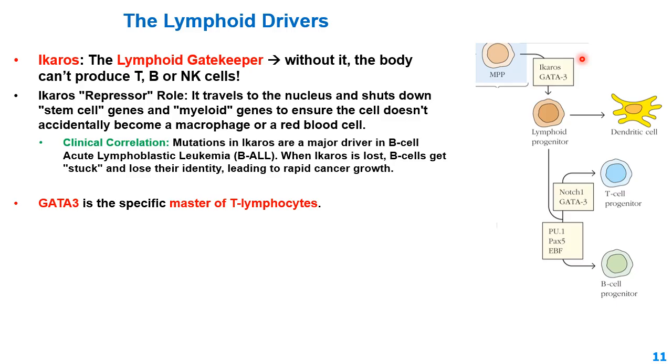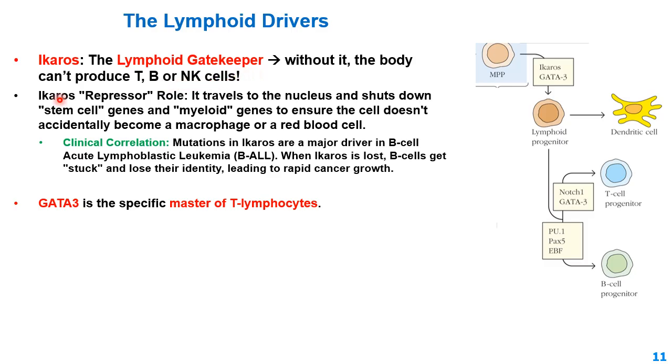So you have this guy Ikaros, and you have GATA3. Okay, it's not GATA1. Okay, this guy is GATA3. Very, very important for your lymphoid lineage. Right? Lymphoid, what's it going to give you? B, T, or natural killer cells.